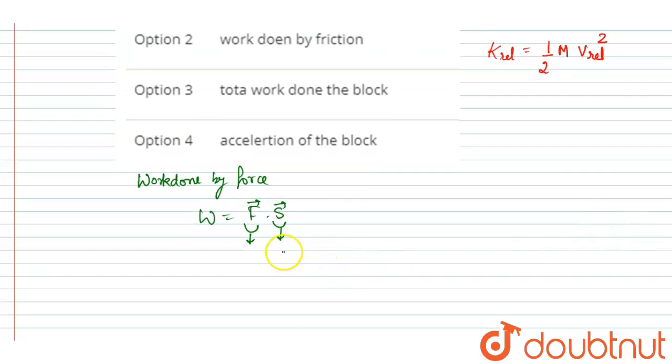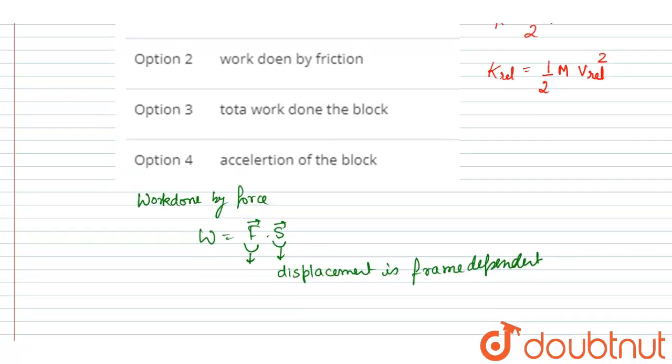So displacement is a frame dependent quantity, since the same object can have different displacement as observed by different observers. We know from relative motion that displacement is a relative term, so the work will depend on the frame. Work overall is a frame dependent quantity.